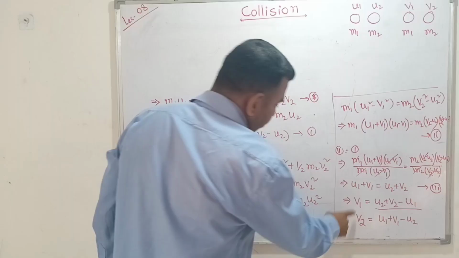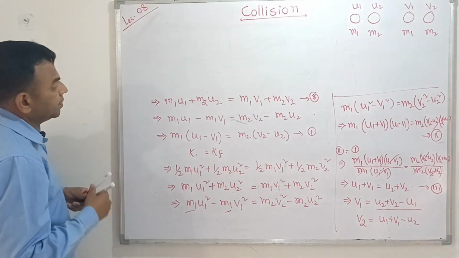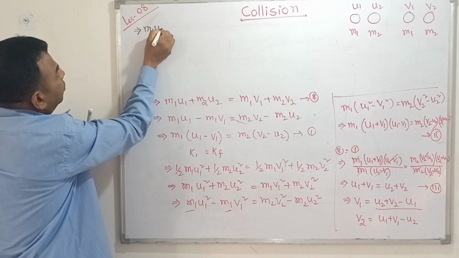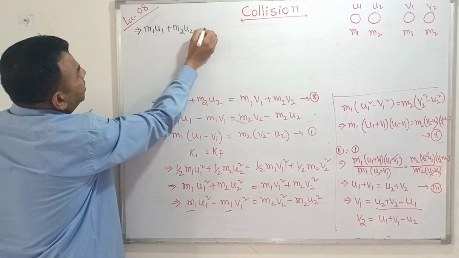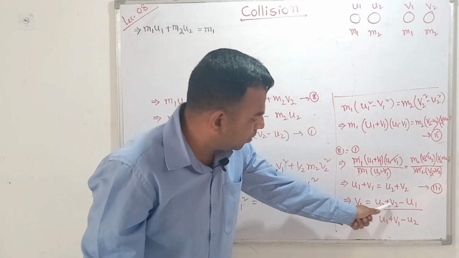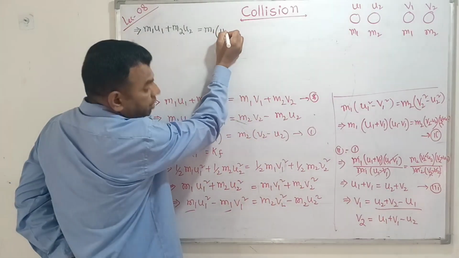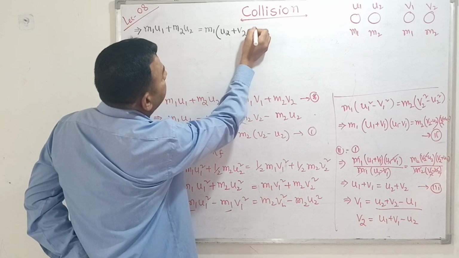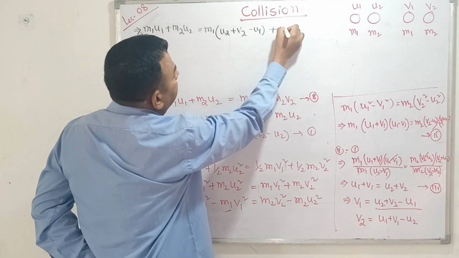Now put the value of b1 into the star equation. On the left side, m1 u1 plus m2 u2. On the right side, in the place of b1 we will write u2 plus b2 minus u1, so put it: m1 times u2 plus b2 minus u1, plus the next term m2 b2.